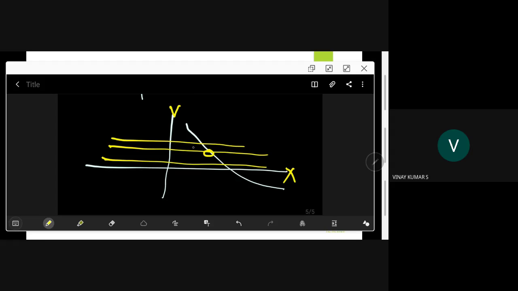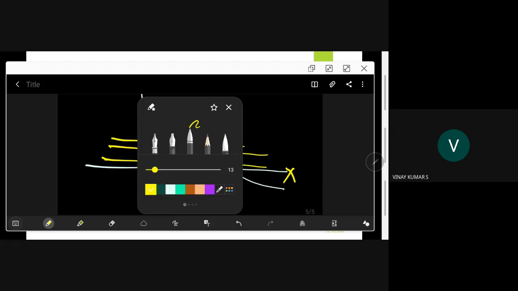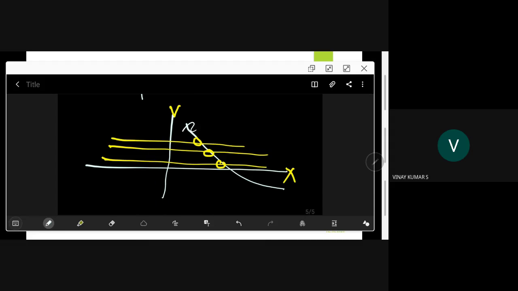It is at this point, at this point, at this point. Because it is moving like this, as x is increasing, y is falling. Its value of y is falling. That's why it is called decreasing. So it is monotonically strictly decreasing. That is what we say.